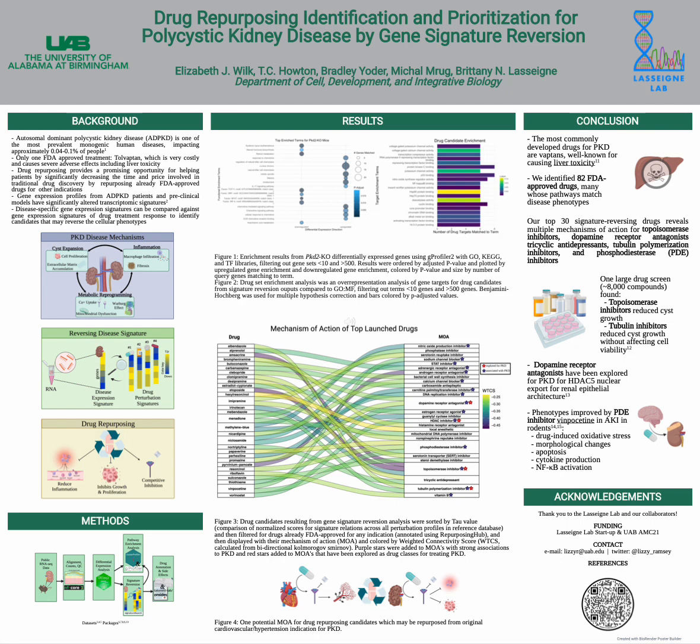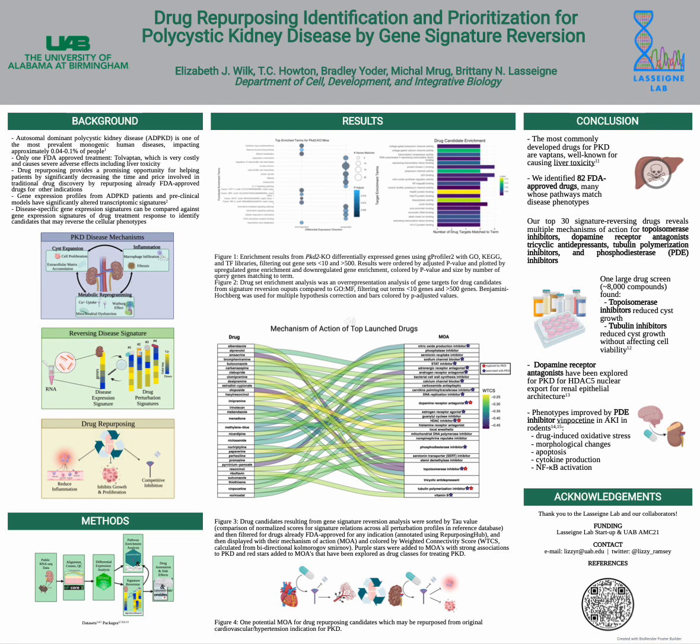And then further, I looked at the drug candidates for these profiles and looked at their gene targets, doing enrichment for those, and also found a lot of pathways that are very relevant for PKD.